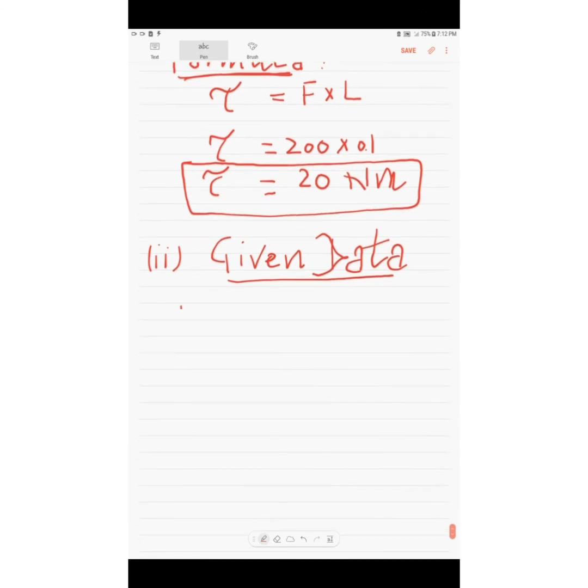Force F, which is equal to 150 Newton. Torque, tau already calculated, 20 Newton meter.